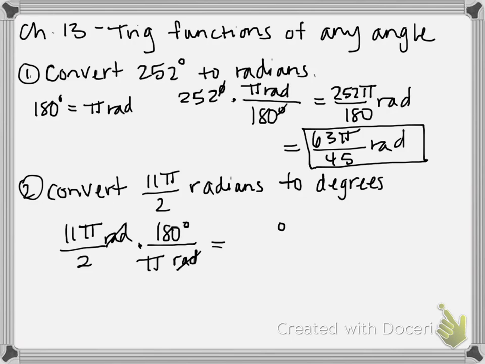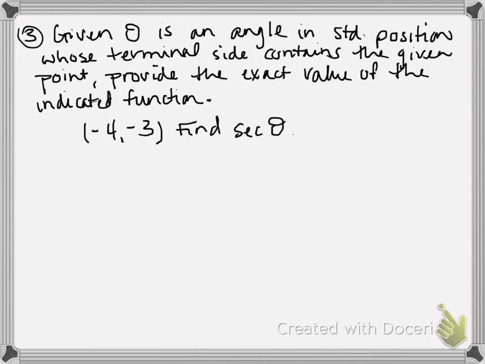In addition to my radians canceling, my pi's also cancel. When I do the multiplication here, I get 990 degrees. There we go. Alright, let's step it up a bit.